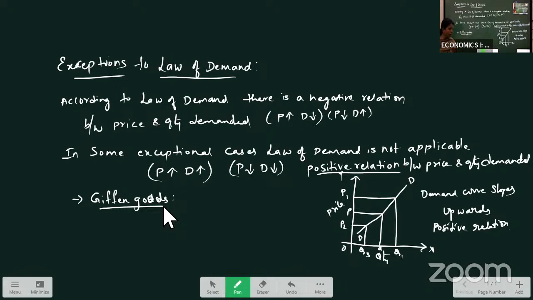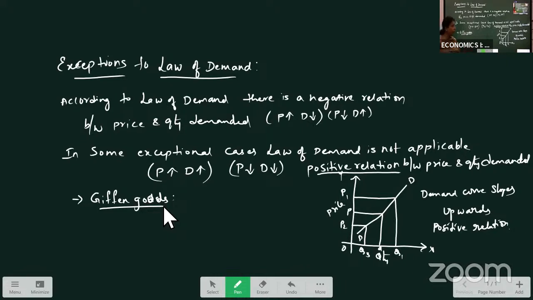He observed in Britain that some workers were consuming bread and meat; bread is the low priced one, meat is the high priced one. When the price of bread increased, they did not stop the consumption. They increased the consumption of bread by reducing the quantity of meat.